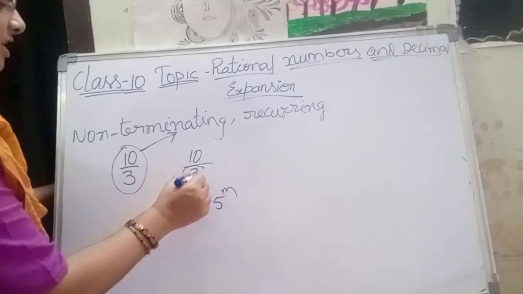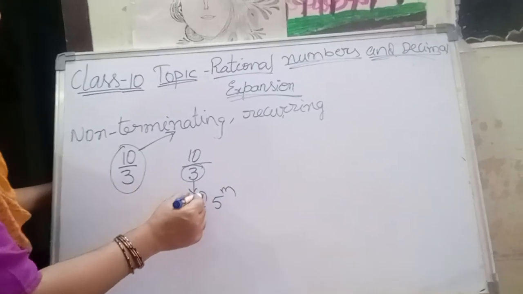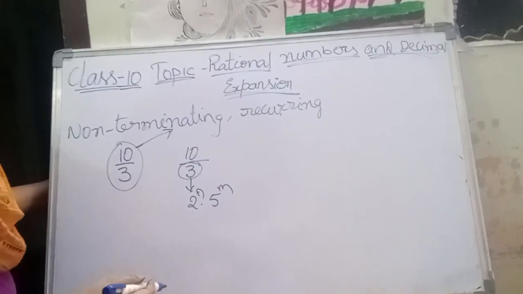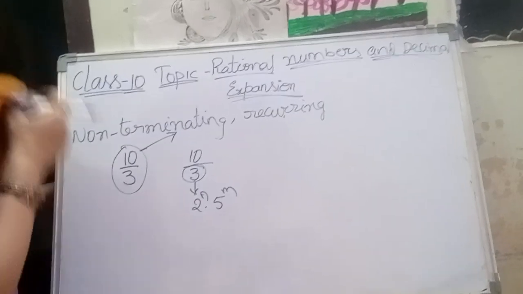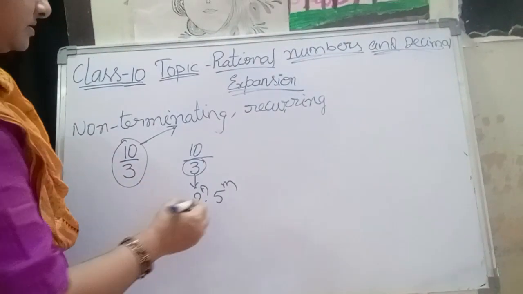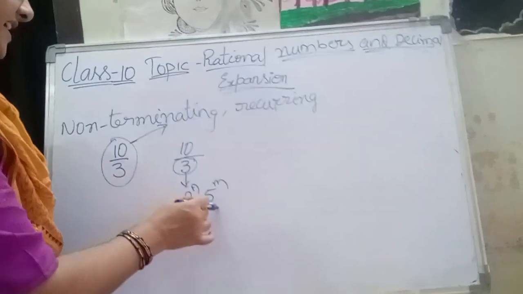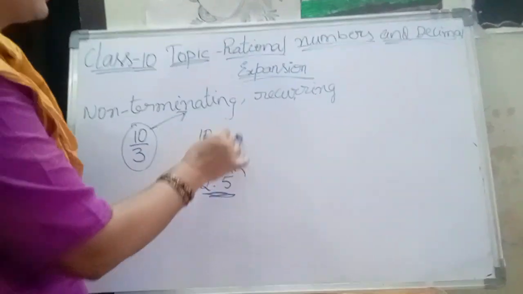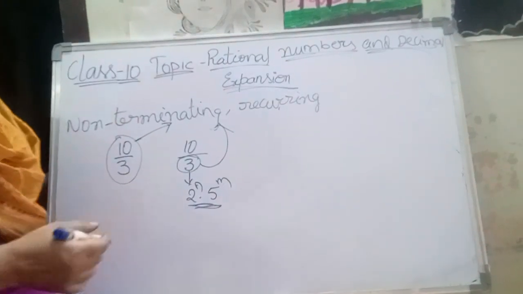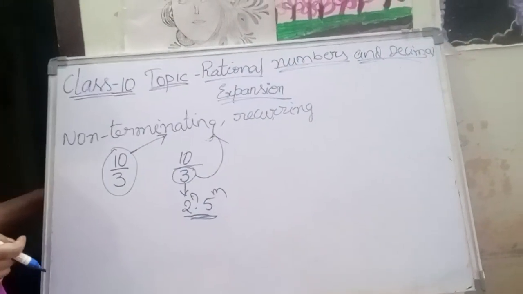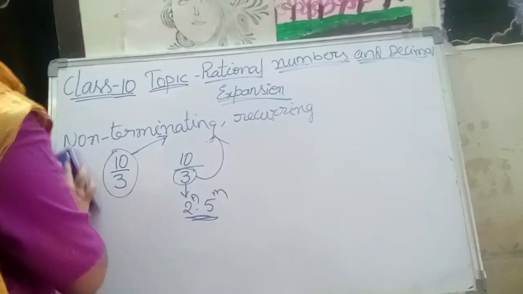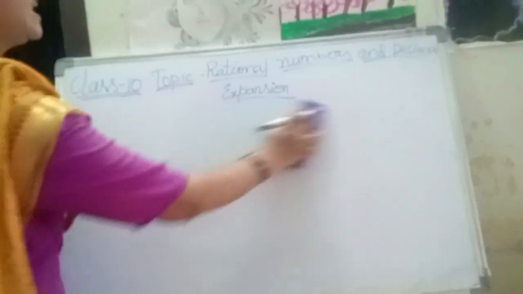As the denominator can't be written in this way, those types of decimals we call non-terminating recurring.